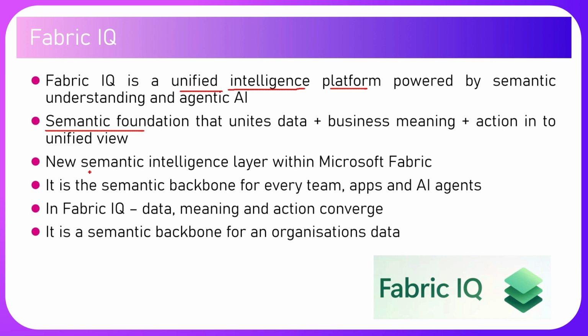It provides that new semantic intelligence layer within Microsoft Fabric. It is a backbone for every team, app, and AI agent. In Fabric IQ, the data, meaning, and action converge. It's a semantic backbone for an organization's data.